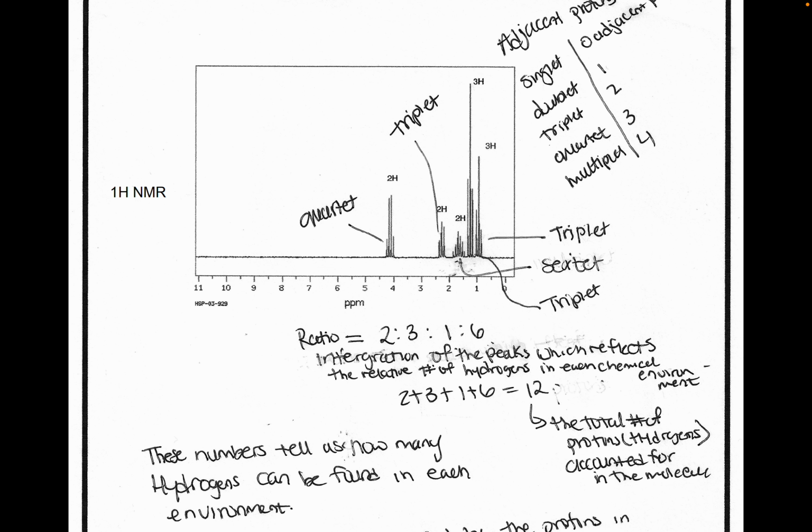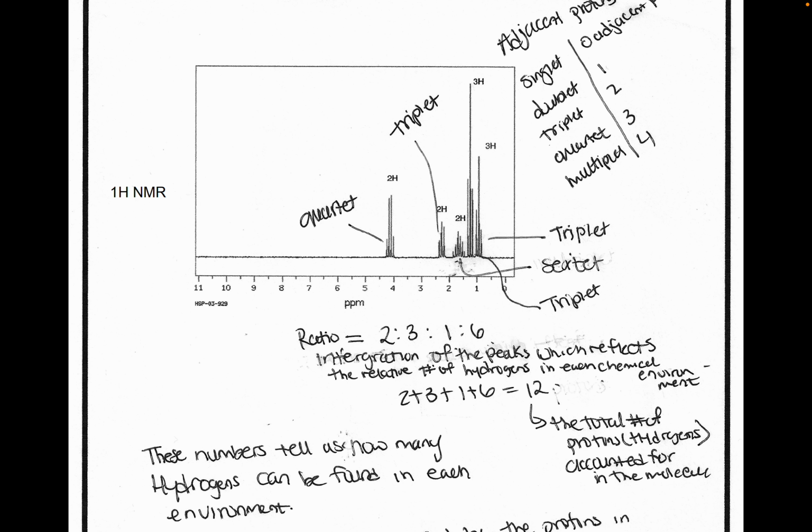I noticed a quartet around 4.1 ppm, integrating for 2H, a CH2 next to an oxygen, a CH2O, a triplet around 2.3 ppm for 2H, a CH2 group next to a carbonyl, and then a multiplet around 1.6 ppm, integrating for 2H, likely a CH2 in the middle of a chain. This points to a classic ethyl ester fragment.